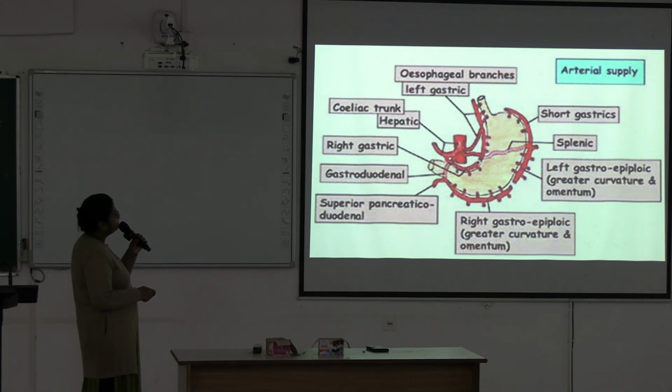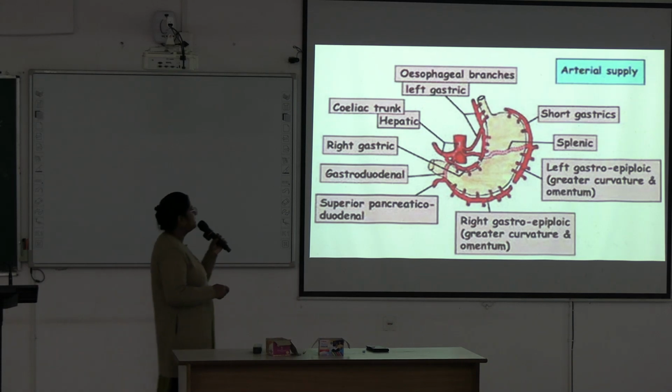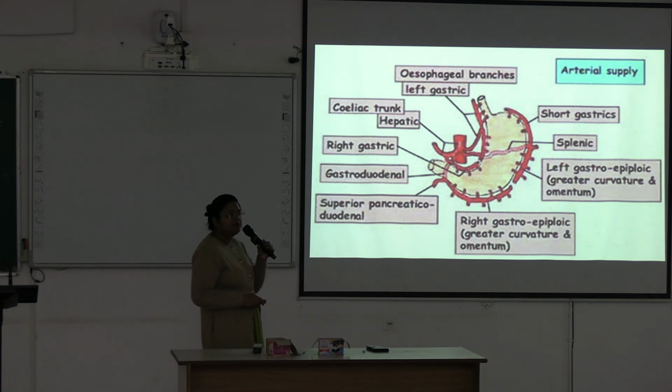Common hepatic is giving hepatic artery proper, gastroduodenal, right gastric. Gastroduodenal divides into superior pancreaticoduodenal and right gastroepiploic, and the splenic artery gives splenic branches, short gastric, and left gastroepiploic. Okay, so this is the arterial supply of the stomach.